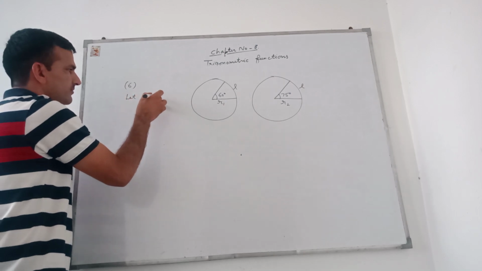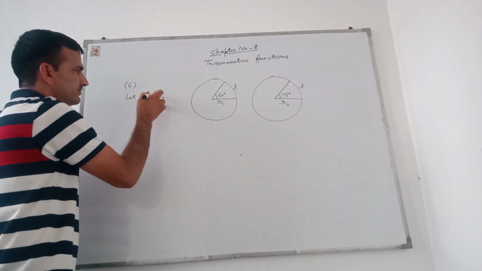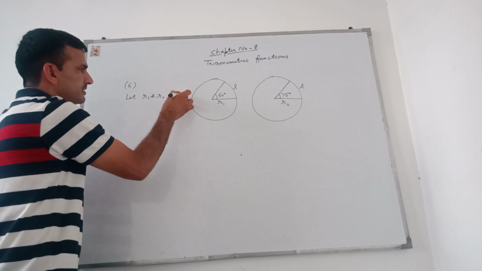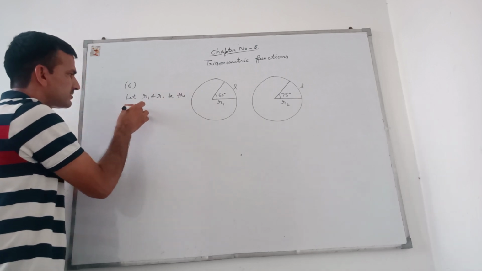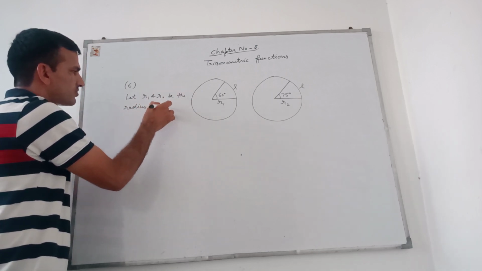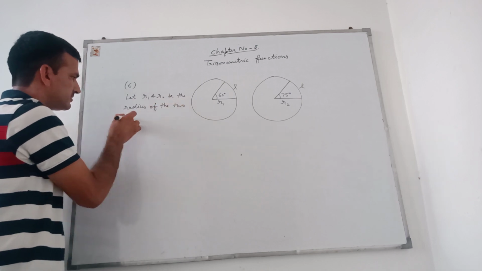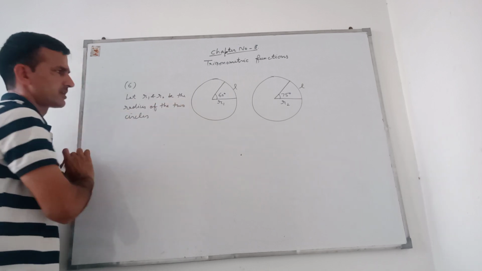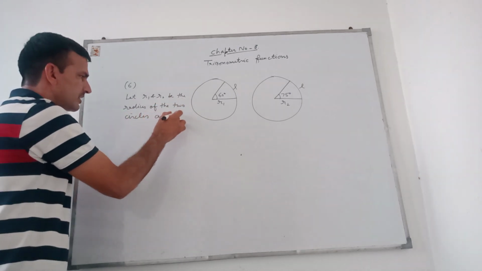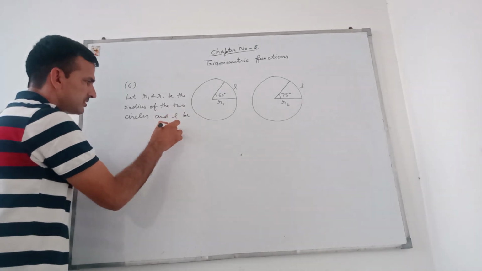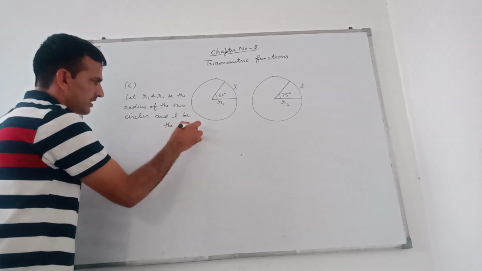Let R1 and R2 be the radius of the two circles, and L be the length of the arc.